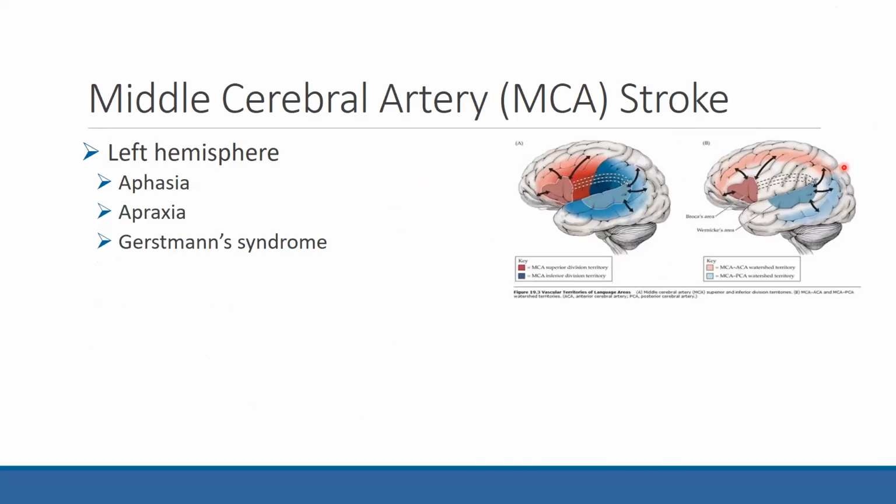We're going to split the MCA strokes up into the left and the right hemisphere because they give you very different cognitive presentations. So if you have a left MCA stroke, we're hitting the language centers of the brain. And so here, this shows you the superior branch of the middle cerebral artery perfuses the left frontal lobe and Broca's area, right?